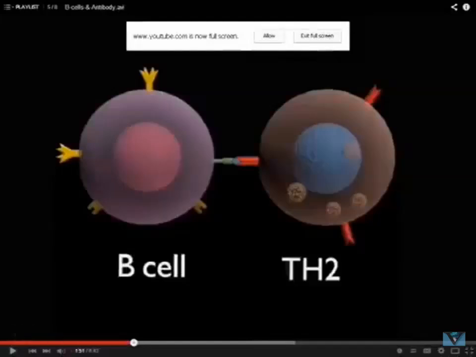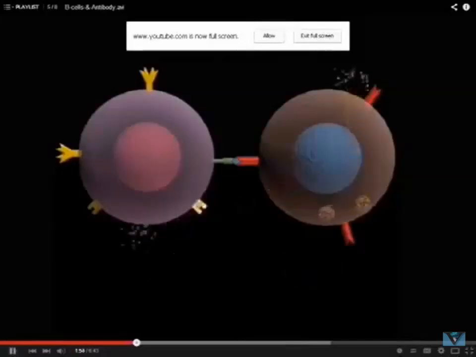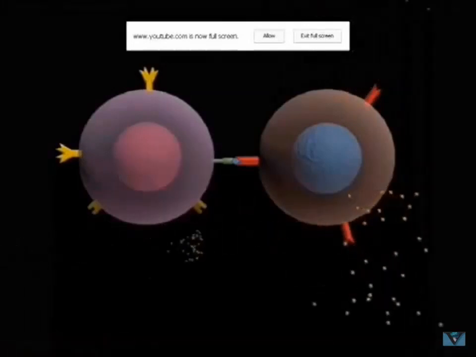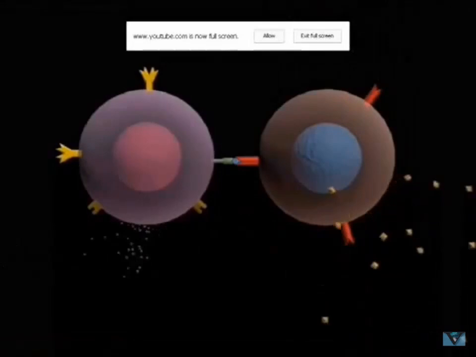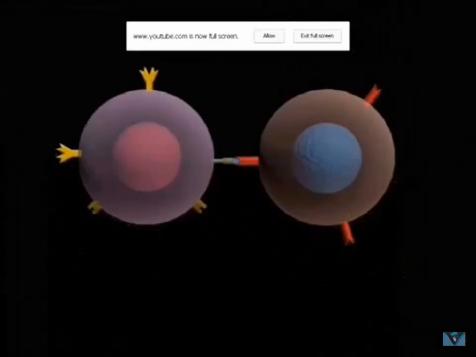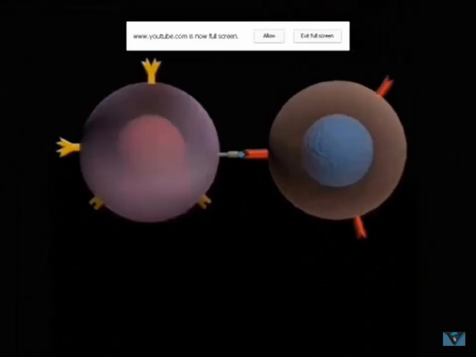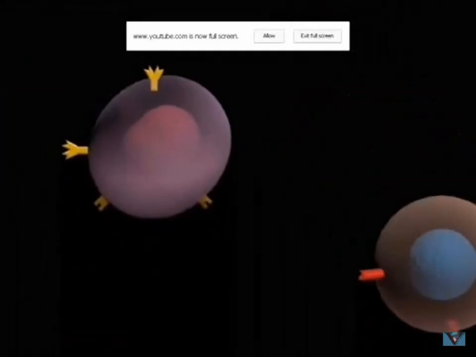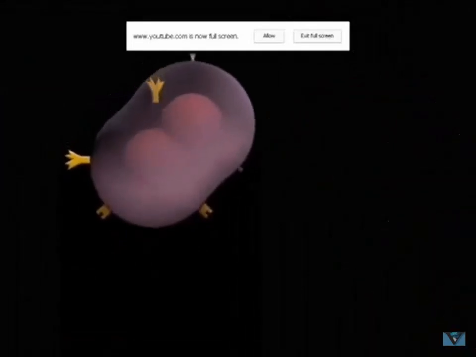So when this binding happens, that stimulates other chemicals to come out of the T helper, right? And this is where you get the full response from. See these chemicals coming out? Cytokines. Now it's going to trigger the cloning.